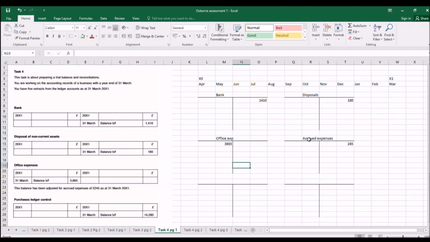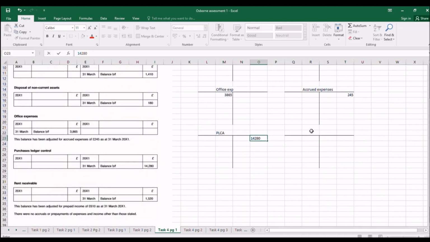We've got purchase ledger control account, and that is a credit of 14,280. What else have we got? Rent receivable, and that's a credit income of 1520, and we're short of 1 T account.